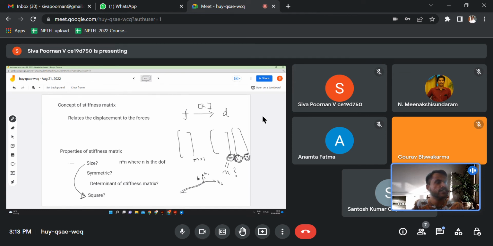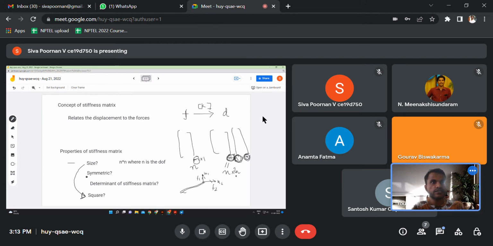So the size of the force matrix also becomes n. Since this should also be n, the stiffness matrix is a square matrix of size n by n, because it relates n forces to n displacements. Therefore, it has to be of size n by n, right?